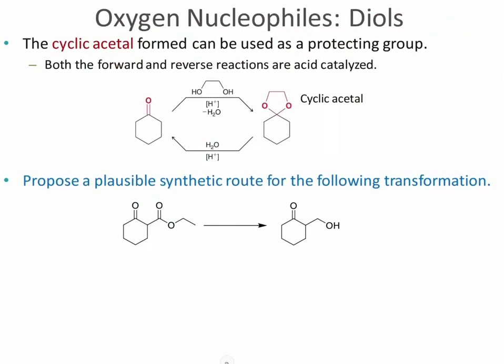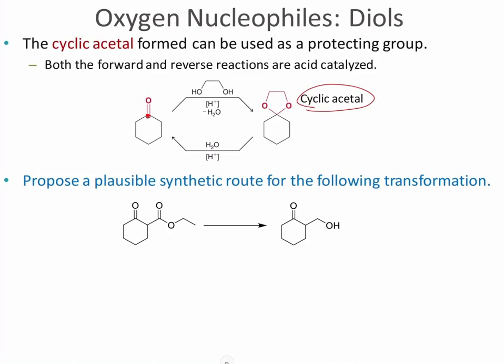Now, cyclic acetals have some utility in terms of being used as protecting groups. Okay, so we can protect a ketone or an aldehyde with a cyclic acetal. When we use a diol, then we end up with a cyclic acetal. So that protects that group.